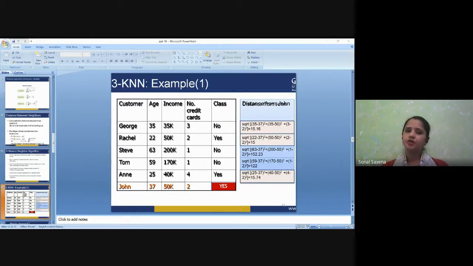In the classification phase, k is a user defined constant. The user is authorized to decide the value of k. An unlabeled vector, it could be a query or a test point, is classified by assigning the label which is most frequent among the k training samples nearest to that query point.